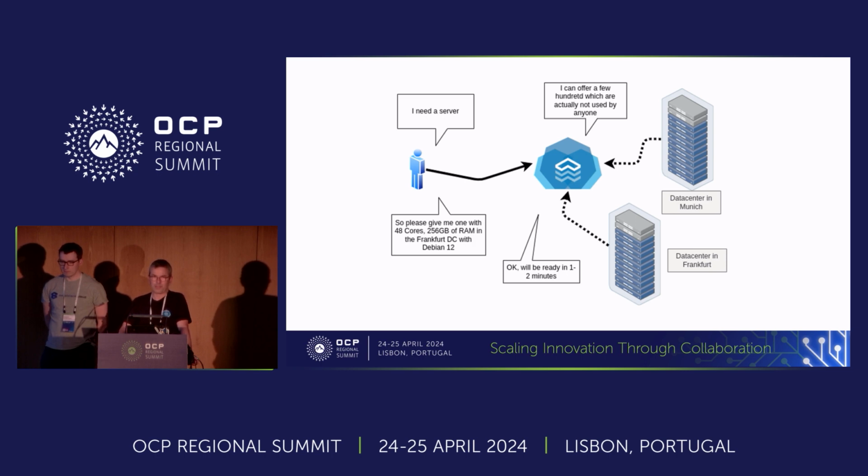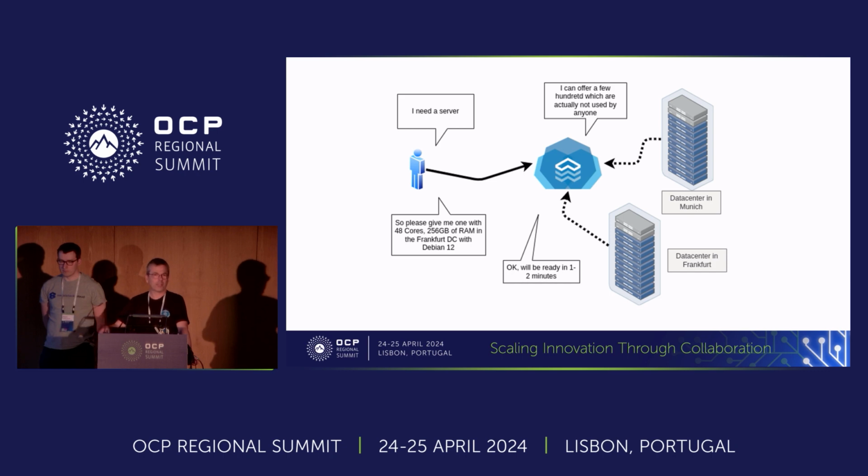And there is a central API, this blue box in the middle. This blue box knows exactly how many machines and network switches you have in all of your data centers. And you can talk to that API: please give me a physical machine with these specs in that particular data center with this operating system.